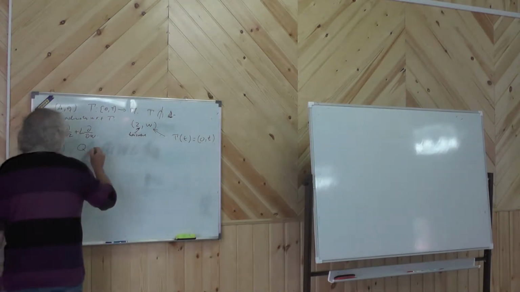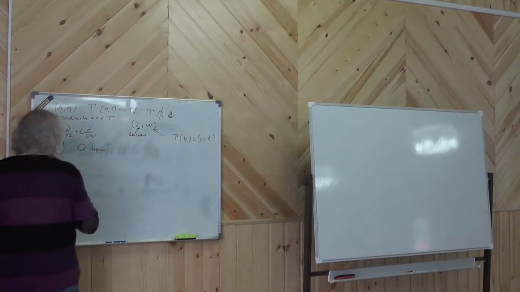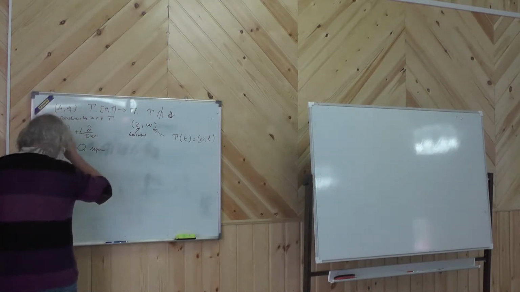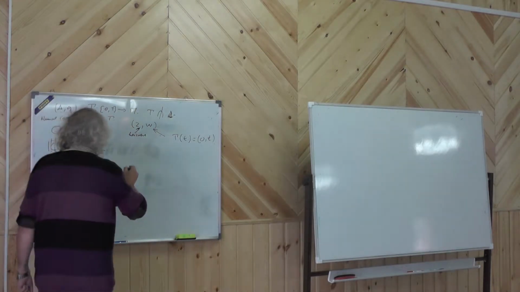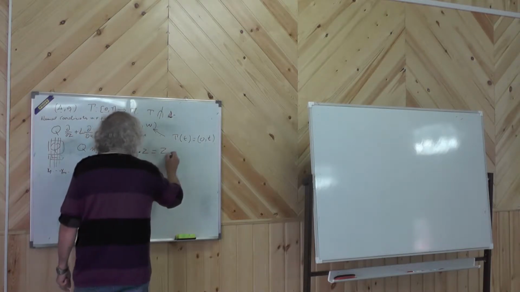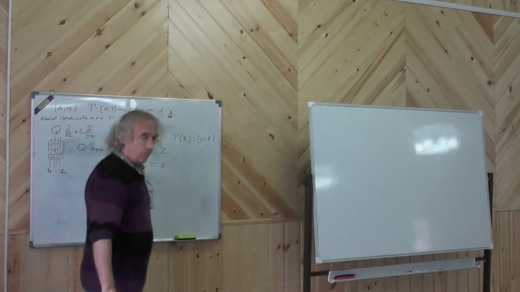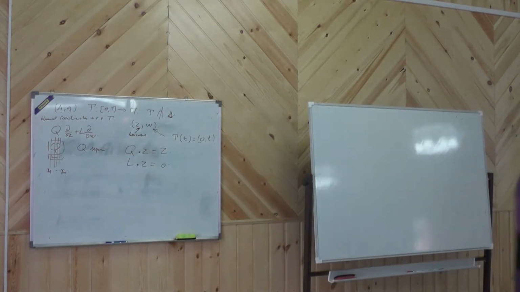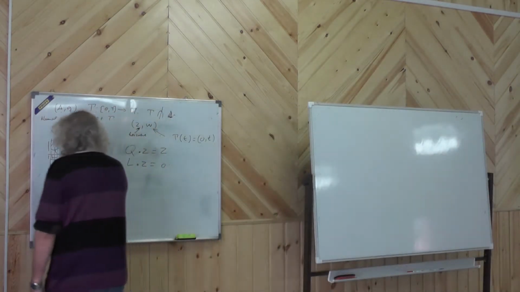And Q is symmetric. And then I claim that what I explained yesterday is that this situation is completely characterized by the fact that Q times z is equal to z and L times z is equal to z. Okay? Let me show what it gives.